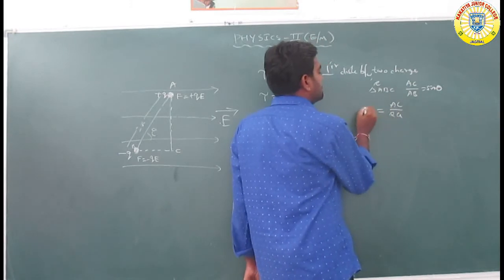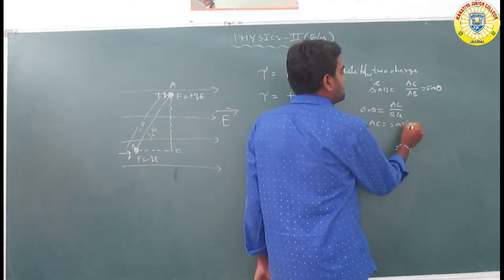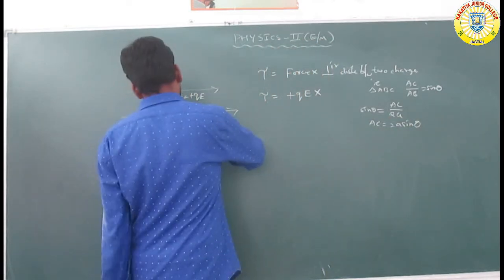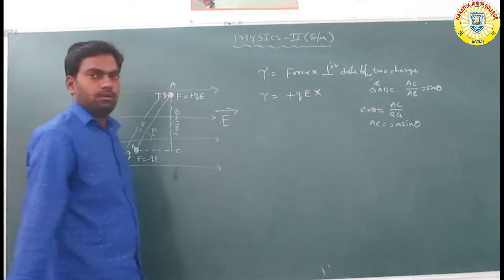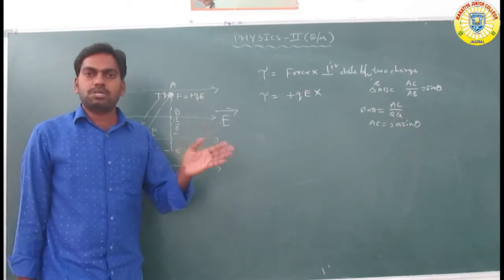So AC is equal to 2a sin theta. So 2a sin theta is the perpendicular distance between the two charges.